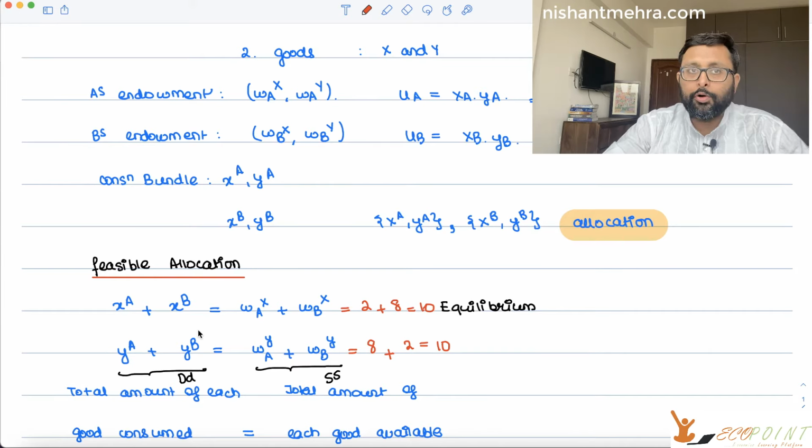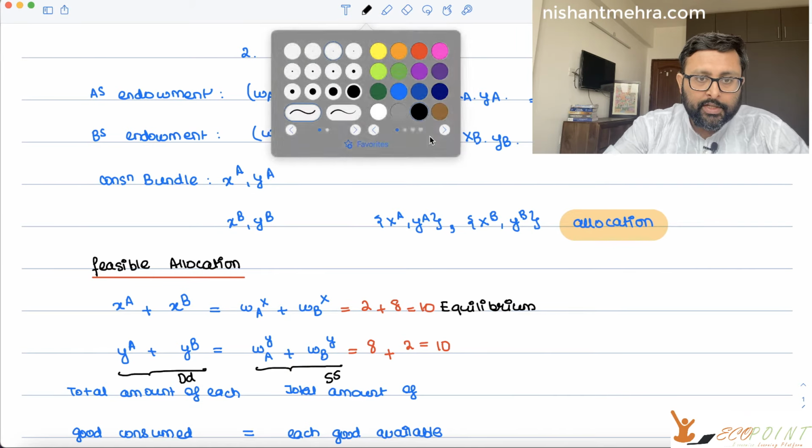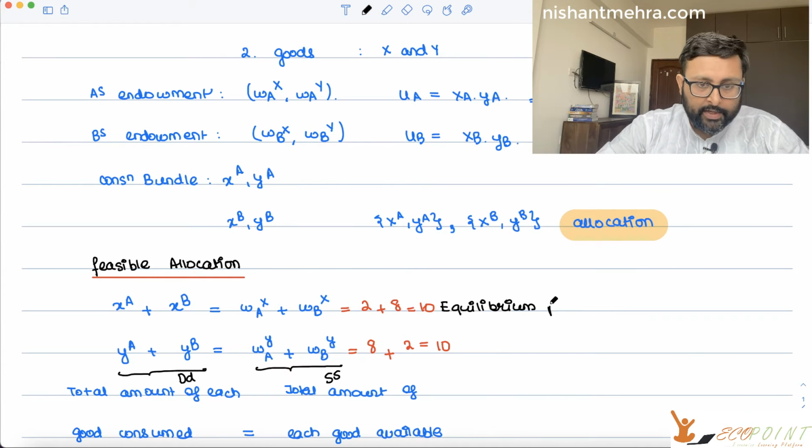So we'll talk about how you get demand, but I think it will take some time to reach that point. But this is the total supply of X and Y in the economy, right? So we are interested in finding out the equilibrium price vector at which the market clears.